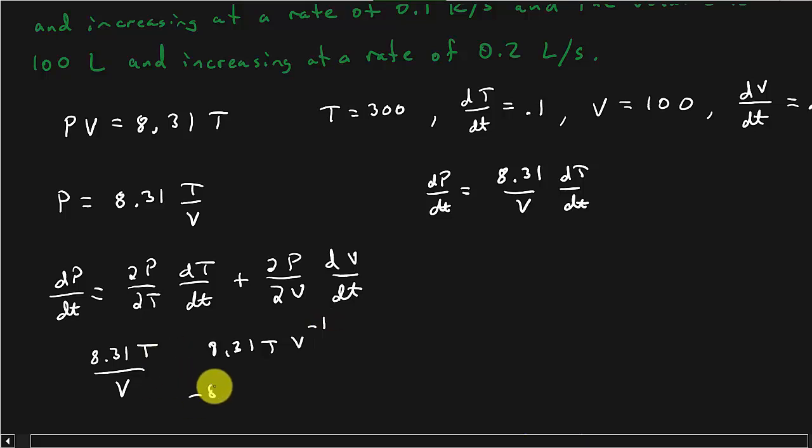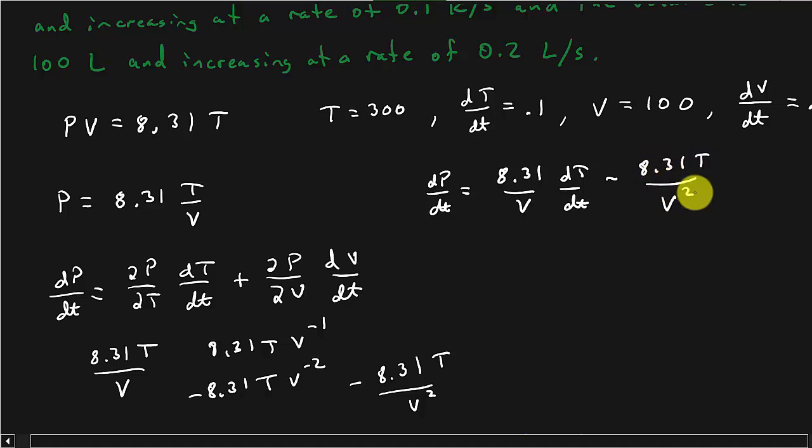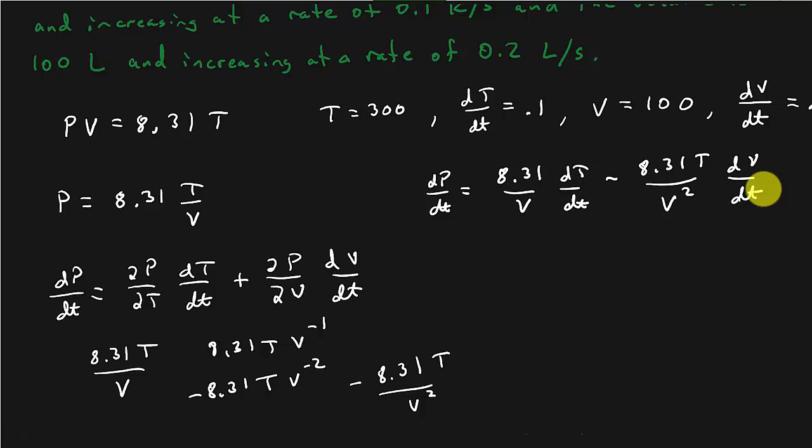And then the -1 comes down in front. And so we would get negative 8.31 T over V squared. Okay. So that's going to be minus 8.31 capital T over V squared. And then times the derivative of V with respect to T. Now, let me just go ahead and give you a little tip.